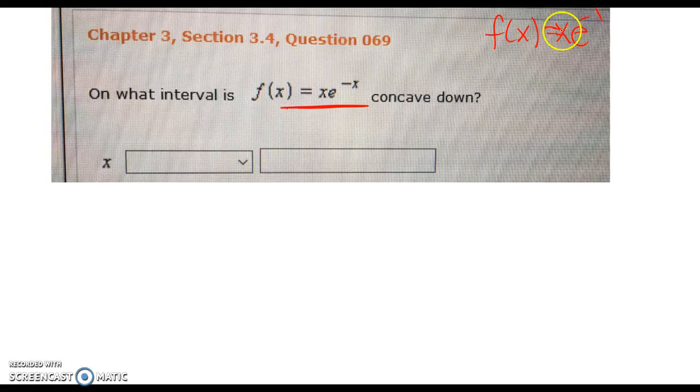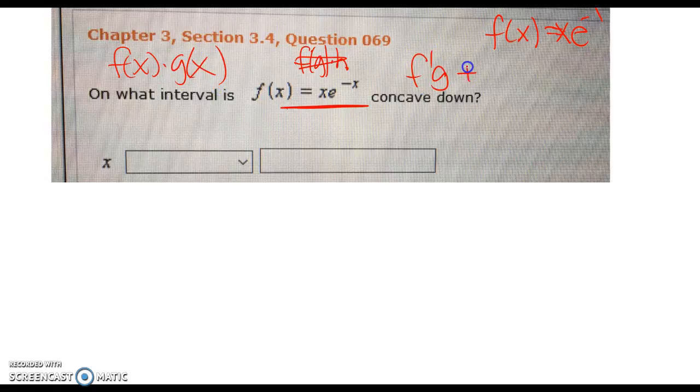Notice it's a product. I'm going to use the product rule. If we're taking the derivative of f of x times g of x, our product rule is f prime g plus f g prime.